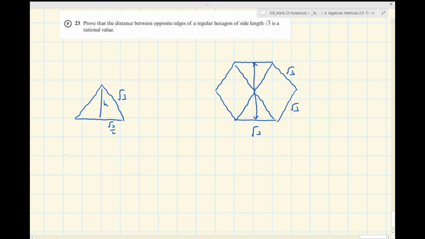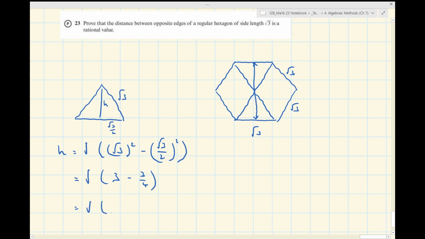So h is going to be the square root of root 3 squared minus root 3 over 2 squared. So that's the square root of 3 minus 3 over 4, which is the square root of 2 1/4, which is the square root of 9 over 4, which is 3 over 2.